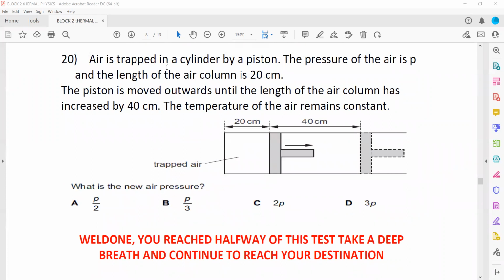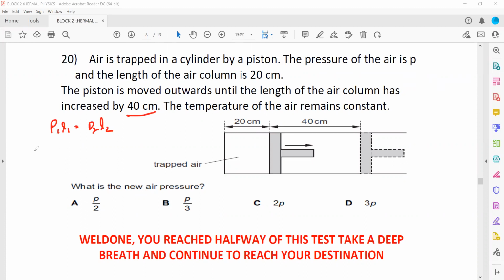In question 20, air is trapped in a cylinder by a piston. The pressure is P and the length is 20. The piston is moved outward and the column increases by 40. The temperature of the air remains the same. What is the new pressure? The formula in terms of length is P1 L1 = P2 L2.